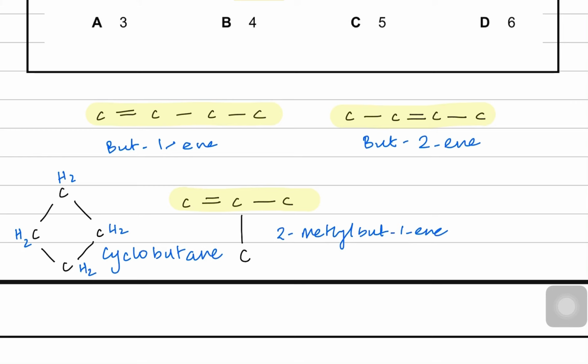Think about it. You can have a 3-carbon cycle with a branch. So you can make cyclopropane and you can have a branch. This way you complete your carbon hydrogen requirement again. So this is your fourth and fifth possibilities.